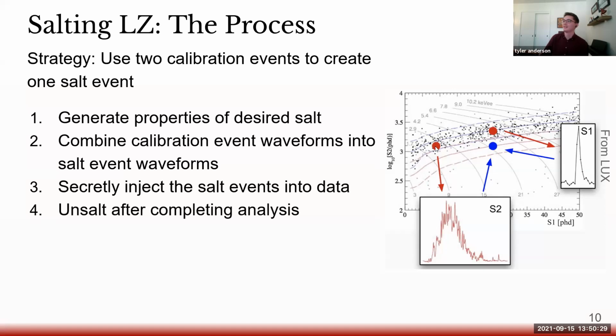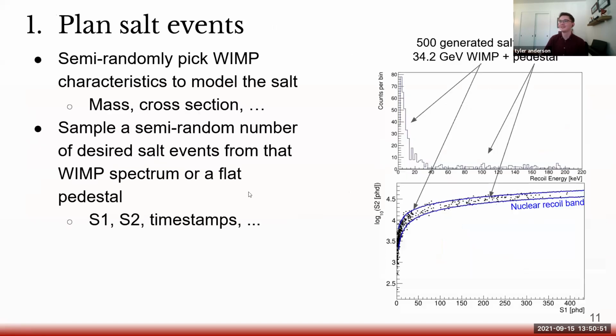Then we also find a calibration event with a very similar S2, take its waveform, smash those two waveforms together, and then you get one waveform that looks like an NR event or maybe a WIMP. You do this for a bunch of different salt. As you take data, you inject these, and then after analysis, you unsalt.